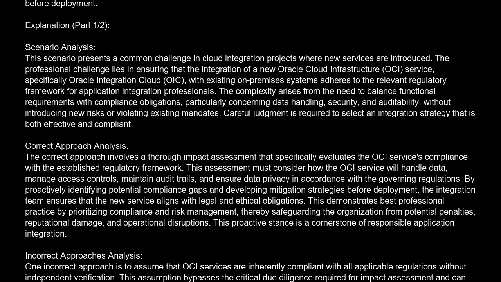Incorrect approaches analysis. One incorrect approach is to assume that OCI services are inherently compliant with all applicable regulations without independent verification. This assumption bypasses the critical due diligence required for impact assessment and can lead to regulatory violations if the service's default configurations or functionalities do not meet specific legal requirements.